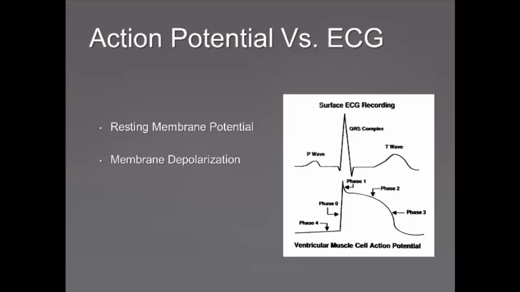What's happening outside of the cell can be observed as a negative wave sweeping over the outside of the cell, and in this case, the myocardium. So what we're looking at with the ECG is a negative charge wave sweeping over the outside of the cell. This is in the case of depolarization. I'll talk about repolarization several slides in.